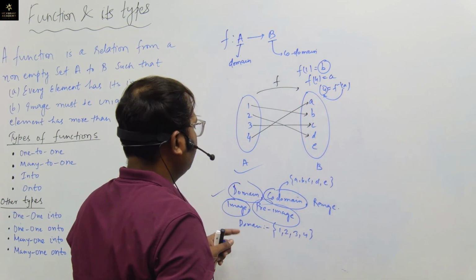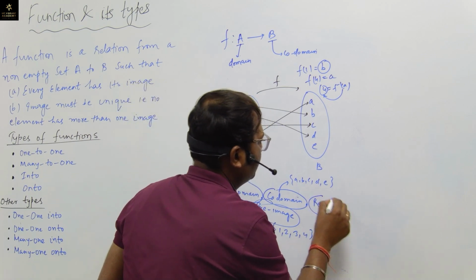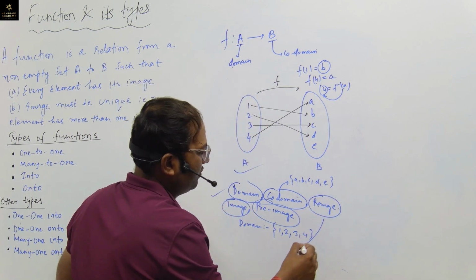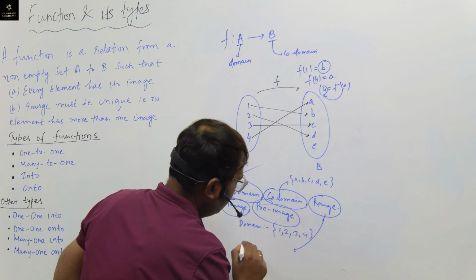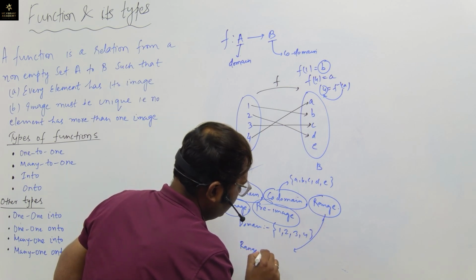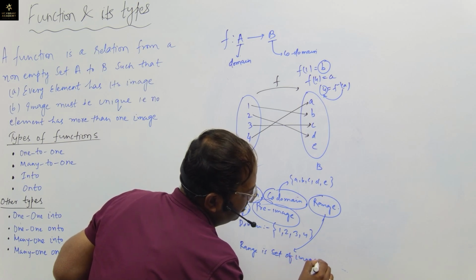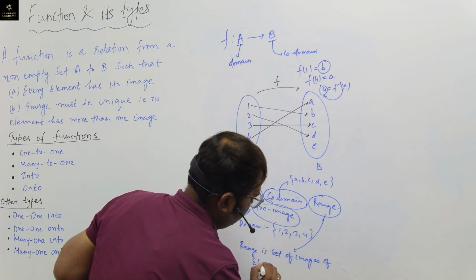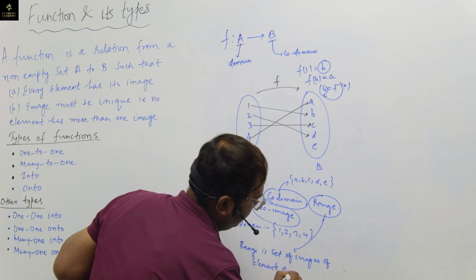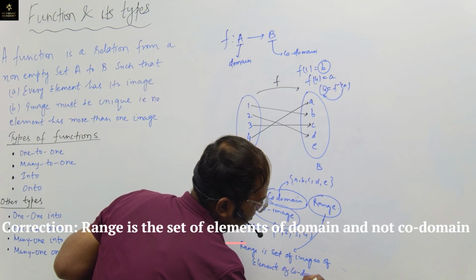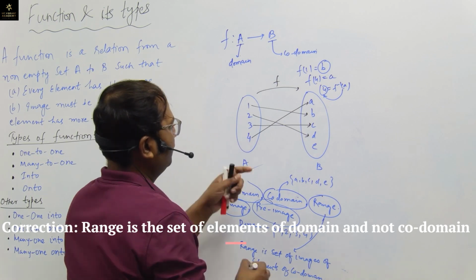Now we have revised image. Now we have range. What is range? Range is the set of images of elements of the domain.